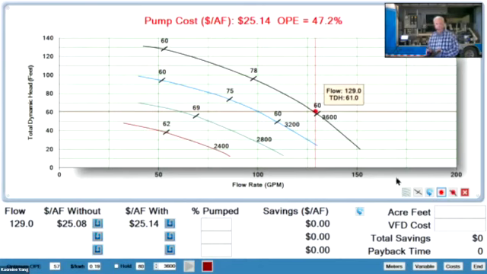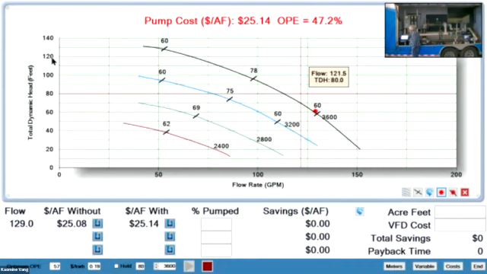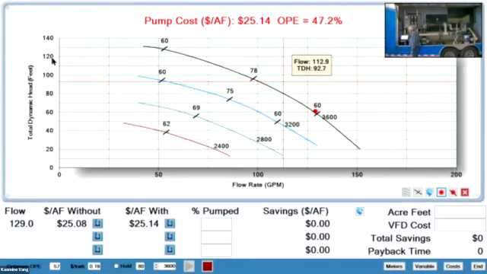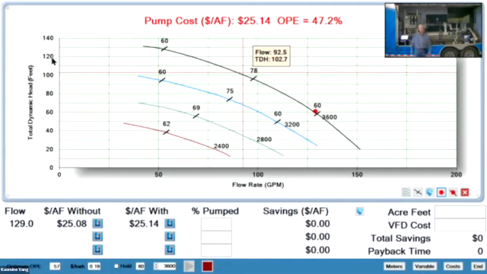Now I'm going to figure out what other flows I need, just to give you an idea of a load profile for the system. I can only set up 3 with this profile. You could do online software, could be quite a bit more than that sometimes. I'm going to move this valve. Let's put it right about there.